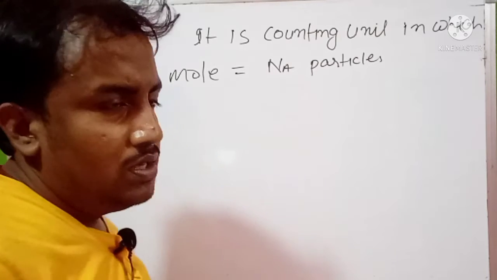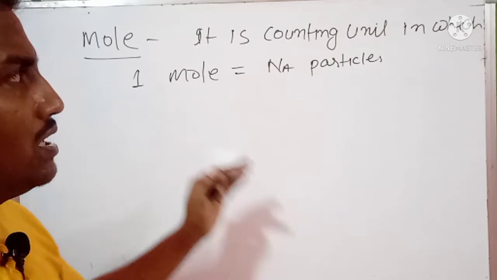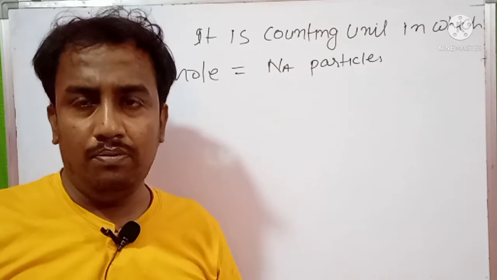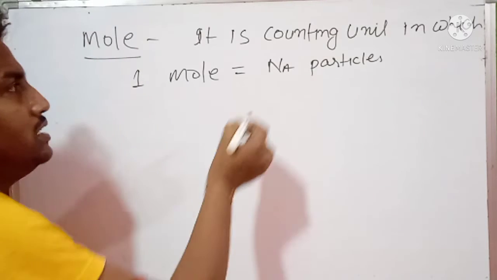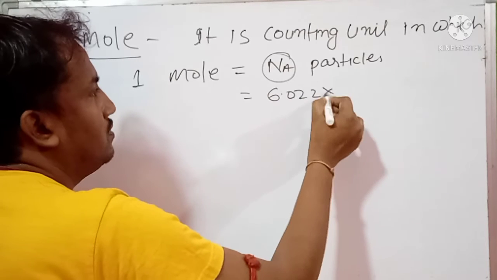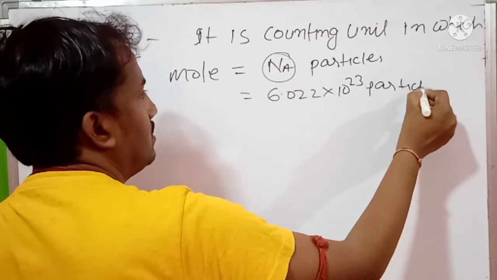Here is the basic definition of mole: it is a counting unit in which one mole is equal to Na particles, where Na is equal to 6.022 into 10 raised to power 23 particles.